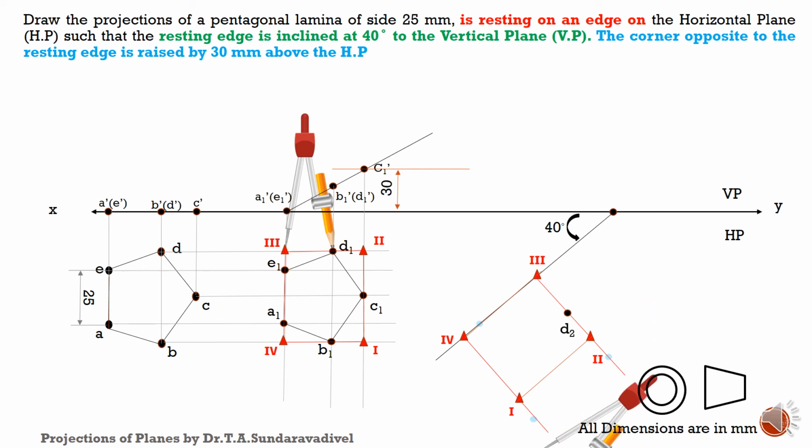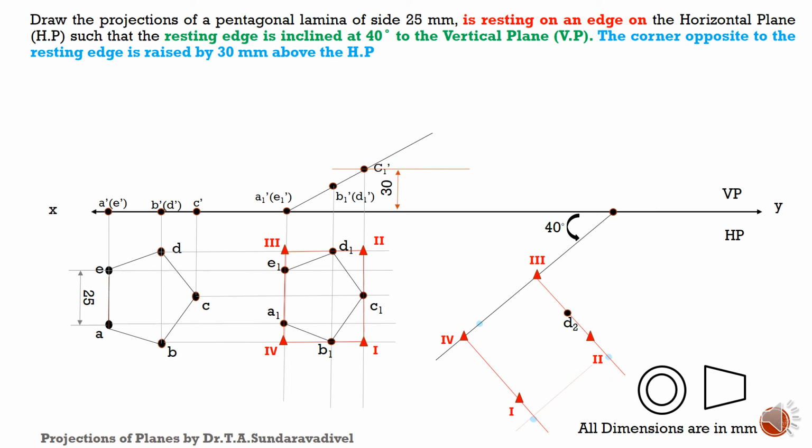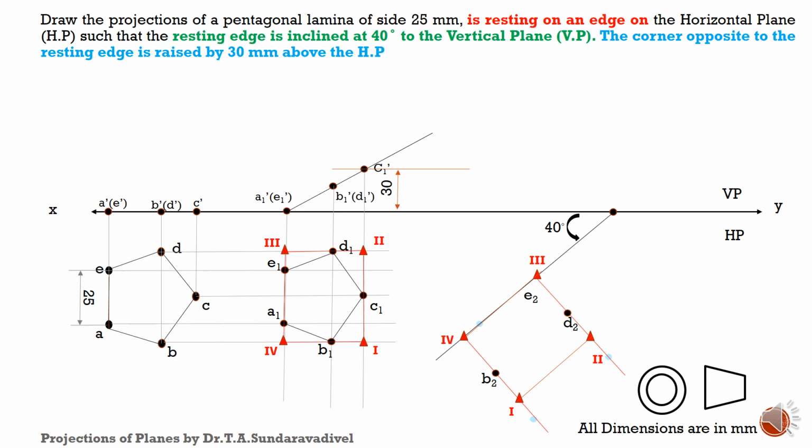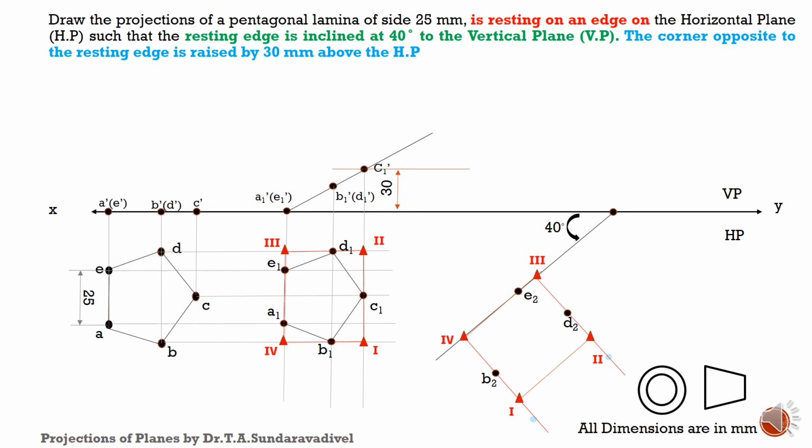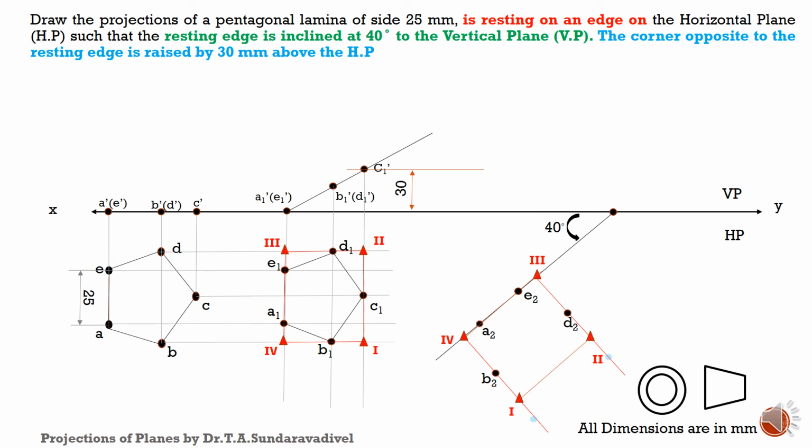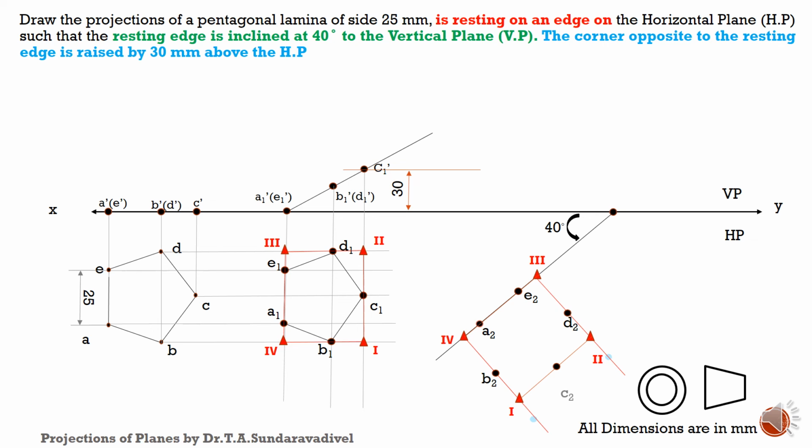So we got D2. By taking the measurement of B1, we will get B2. Similarly E2, A2, and now join all the points in order.